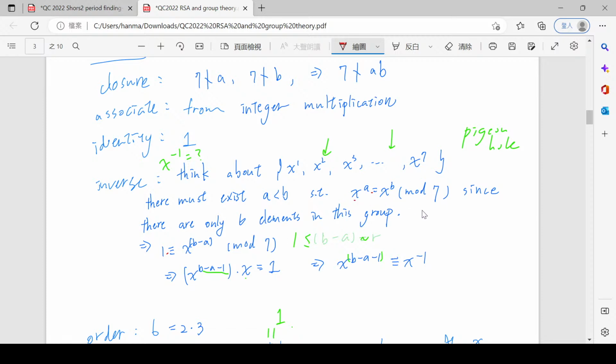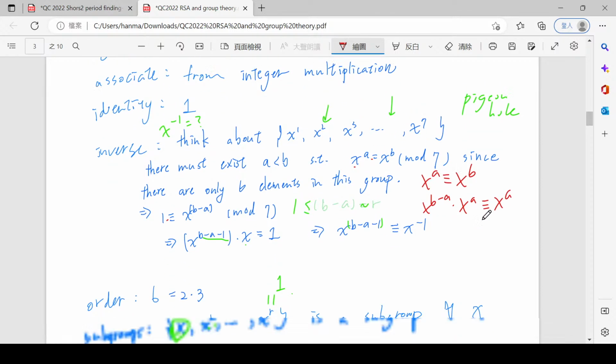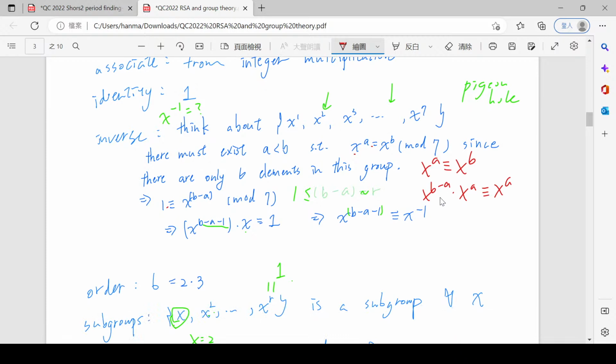So we have x to the a is equal to x to the b minus 7. Then we can separate this into x to the b minus a times x to the a, and this is equal to x to the a minus 7. And so how do we say this is identity?